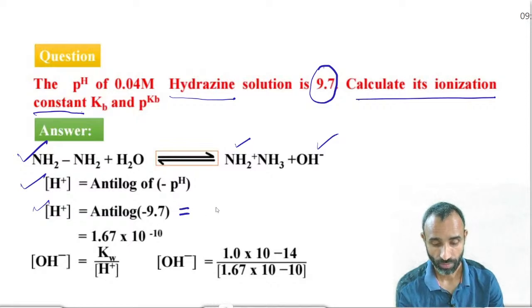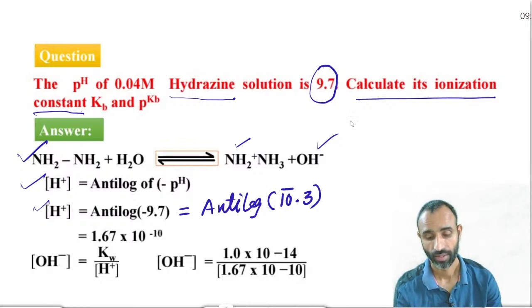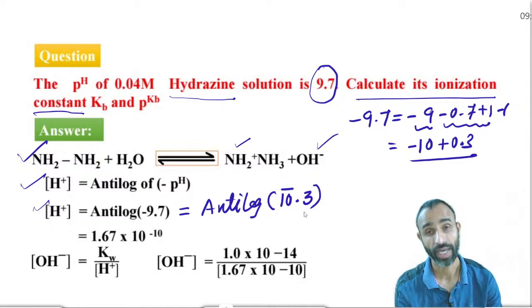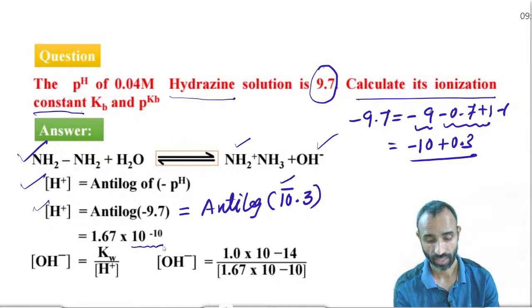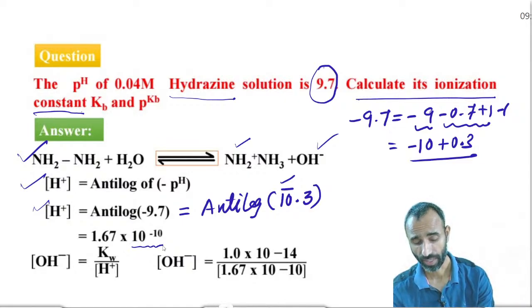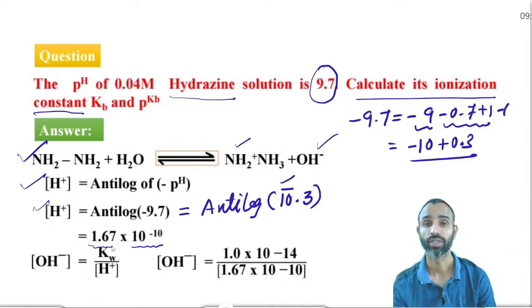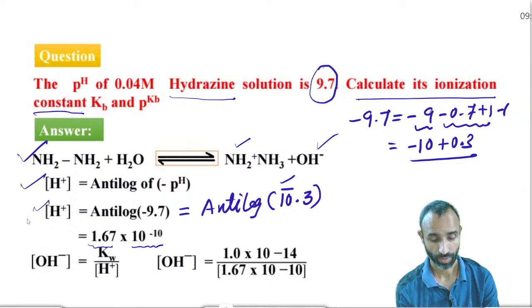It can be written as anti-log of 10 bar 0.3, because it is written as minus 9 minus 0.7, that is plus 1 minus 1, because the decimal part should be positive. So it can be written as 10 bar 0.3, and 10 bar is 10 raised to power minus 10, and anti-log of 0.3 is 1.67. So this is the H plus concentration.